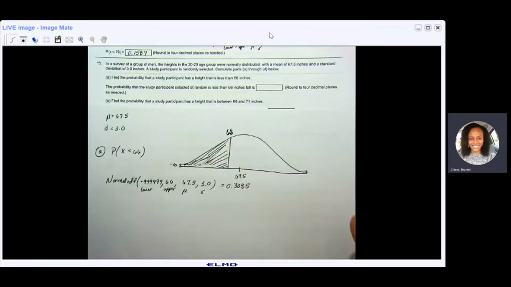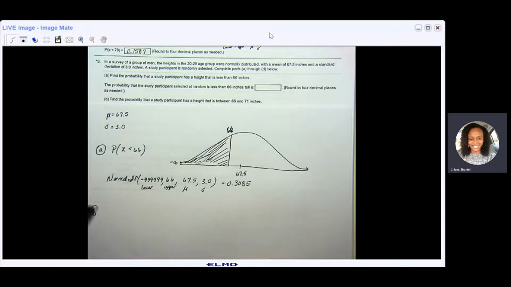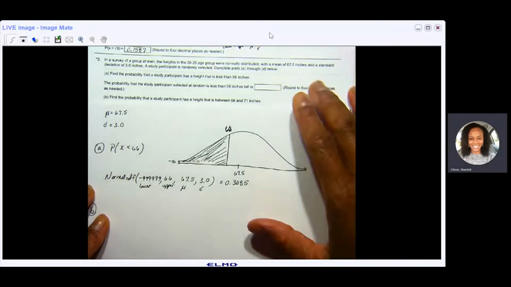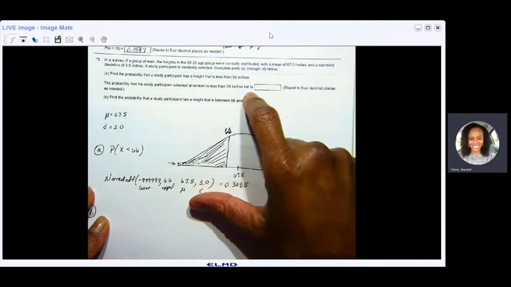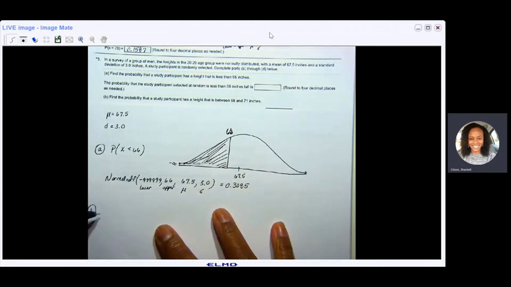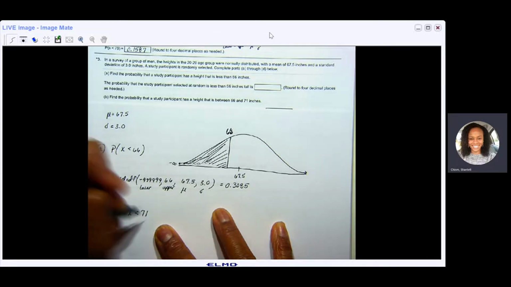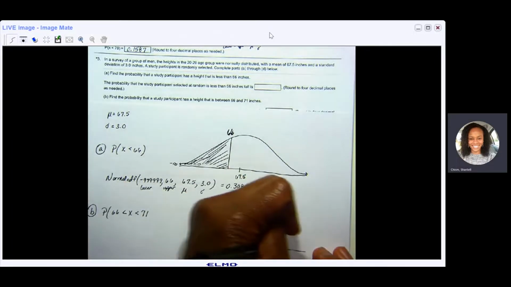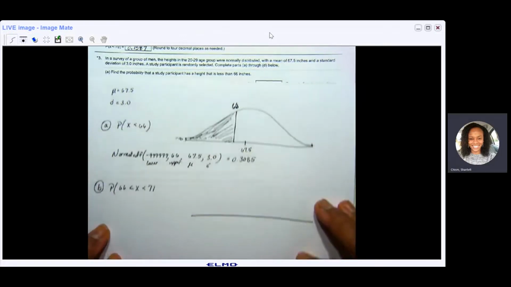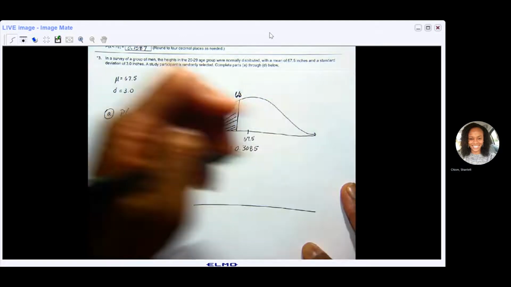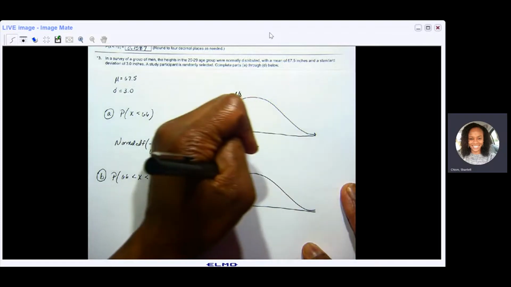Part B, I'm going to show you that one. B says find the probability that a study participant has a height that is between 66 and 71. So probability that X is between 66 and 71. So with this one, I'll scoot it up some. I'm going to draw my picture again.